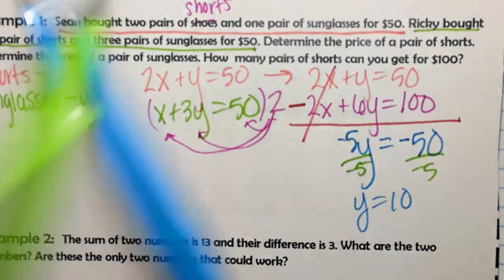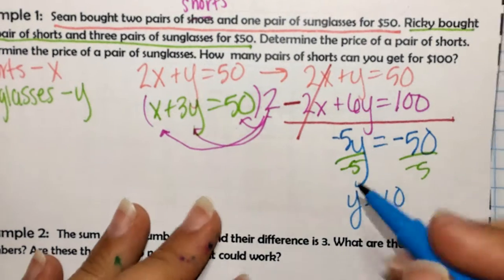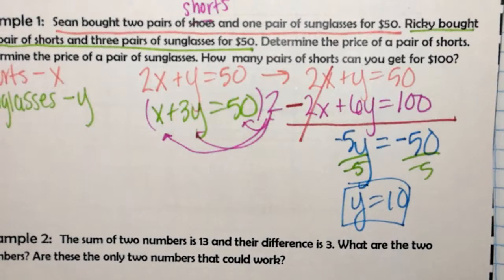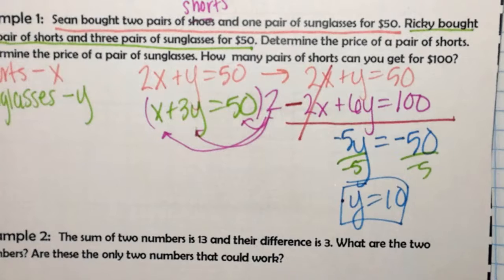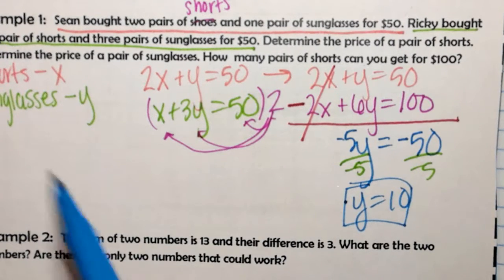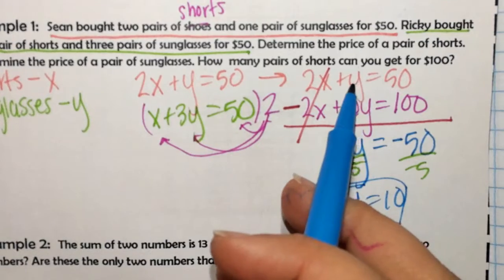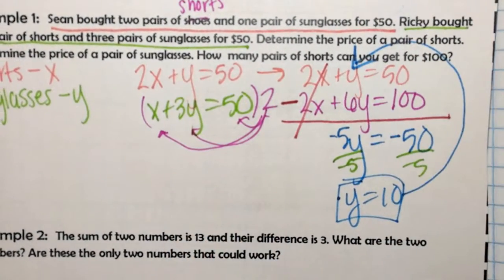Are we done? We found y. What do we need to find next? So we're going to take this y, and normally we plug it into the top, right? Does it really matter where we put it? No. Let's go over here.